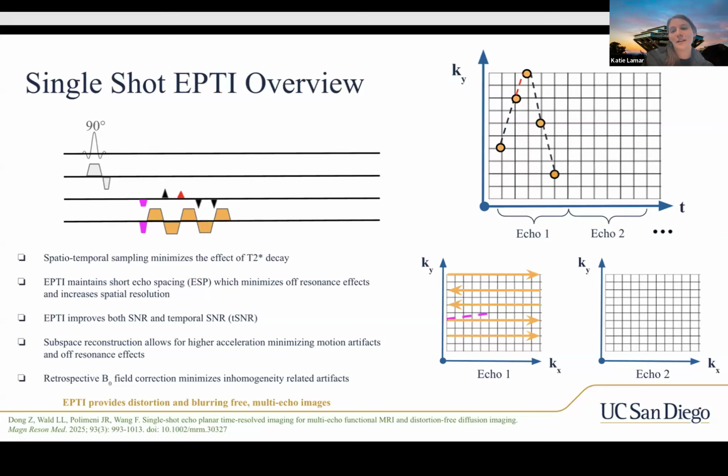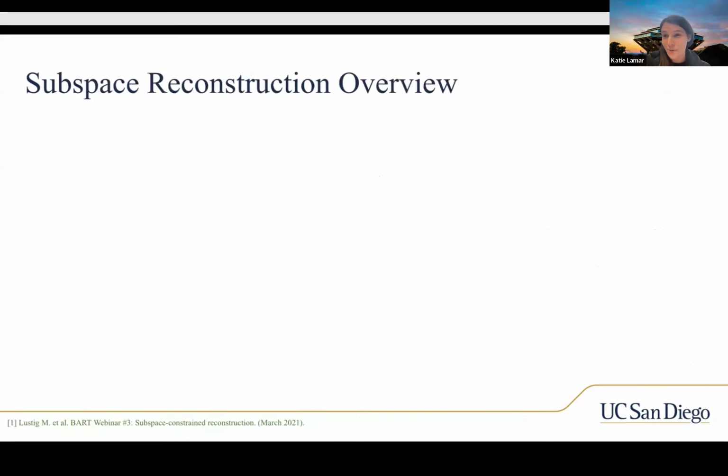You can see how it undersamples in KY and in time, but it does it over and over again. It uses that, along with the spatiotemporal relationship of how we know the signal generation occurs, to learn the pieces that it misses. So essentially, by undersampling, we can recover these missing points by exploiting the correlation across time and the phase encode directions.